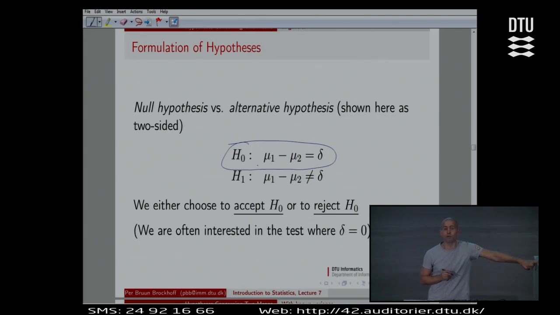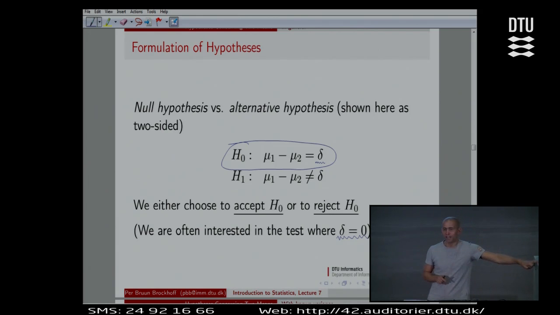is in general terms testing that the difference between the means is a fixed value. I use the notation delta here just to indicate that we could test that the difference would be 1, or the difference is 2, or the difference is 3. The test that we very often will use, at least in the first place, is testing that the difference is 0.